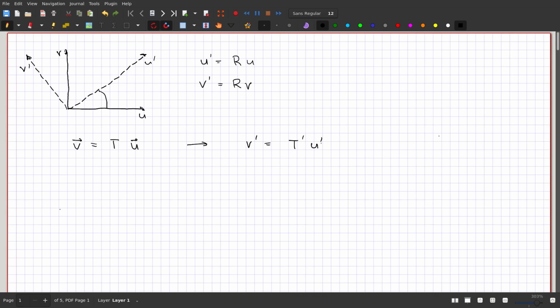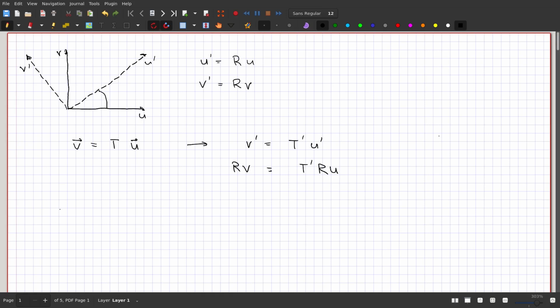Okay. So what we'll do is we can just start by plugging in our vector rotation matrix relationships up there, U prime equals RU, V prime equals RV, into this equation down here. So V prime, which is RV, is equal to T prime times U prime, which is equal to RU. Okay.